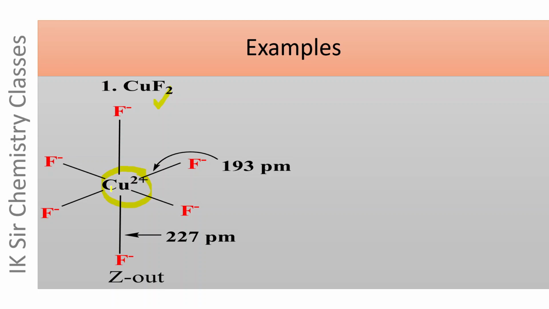The four metal ligand bonds on the xy plane have a bond length of 193 picometer, while the two bonds situated on the z-axis have a bond length of 227 picometer. It is obvious that the bonds on the z-axis are longer than the four bonds on the xy plane, and hence it is an example of a Jahn-out tetragonally distorted octahedral complex.